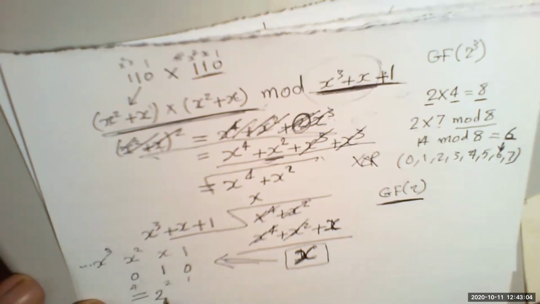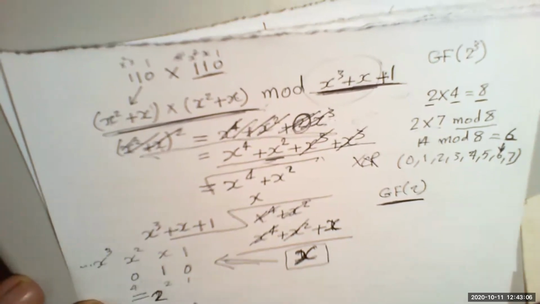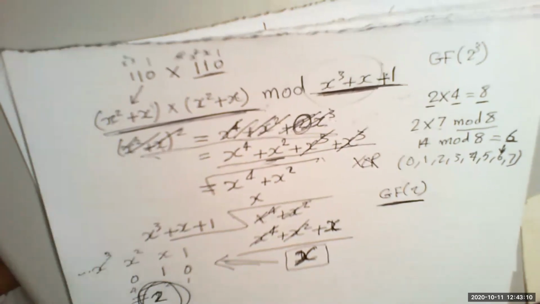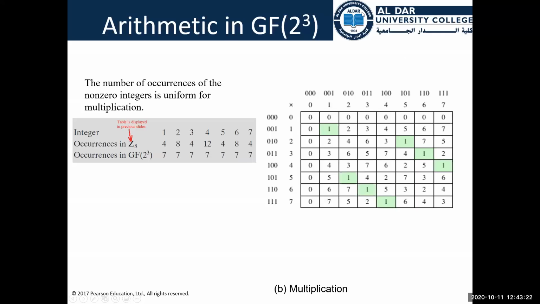So this is 2. So the result is 2. Okay. Okay, so let me share back the basic. So here the result is 2. As you can see, now I know the result is 2.